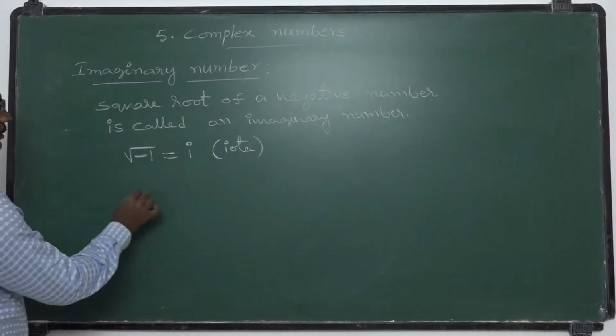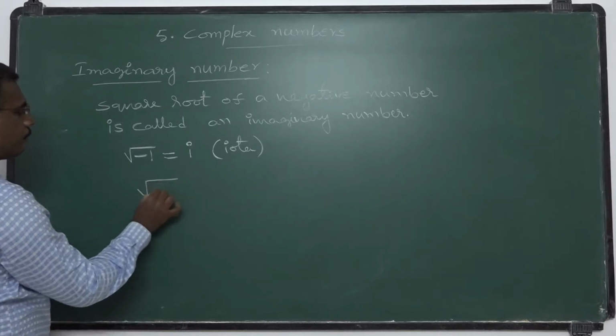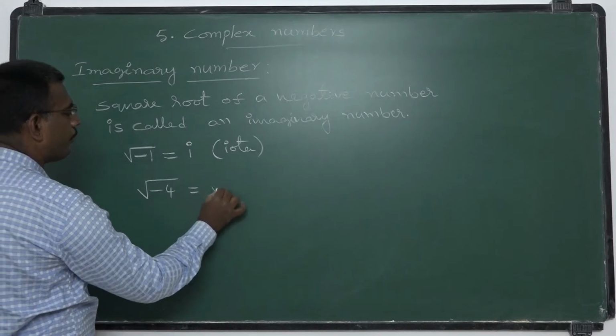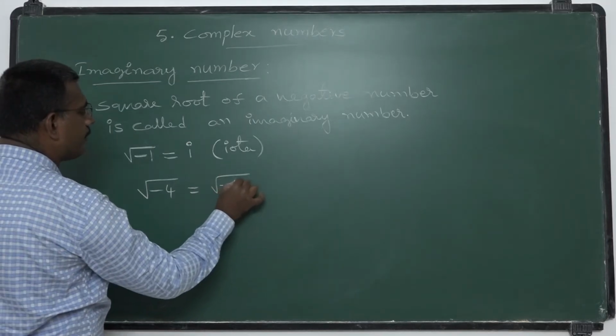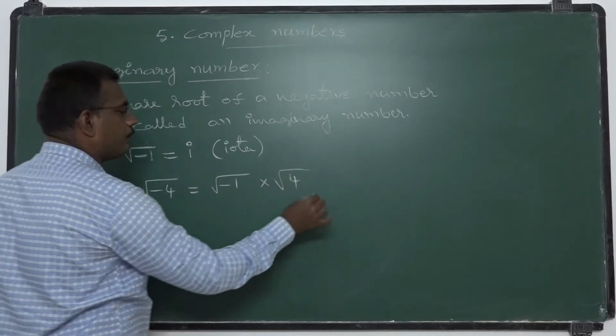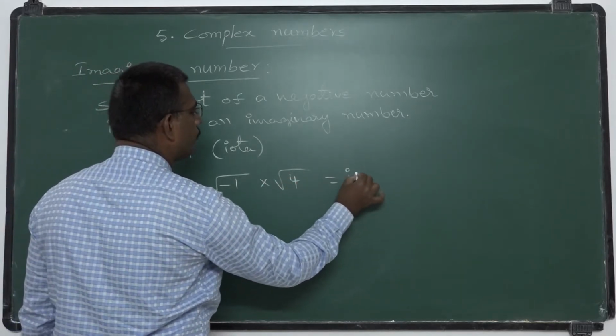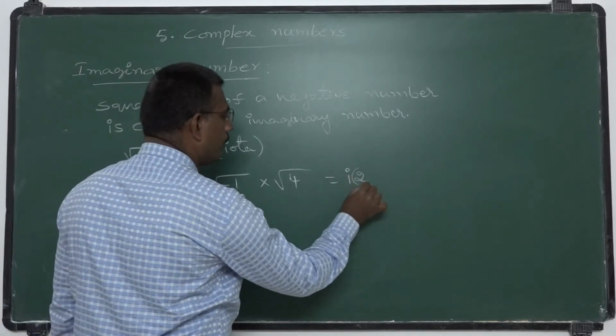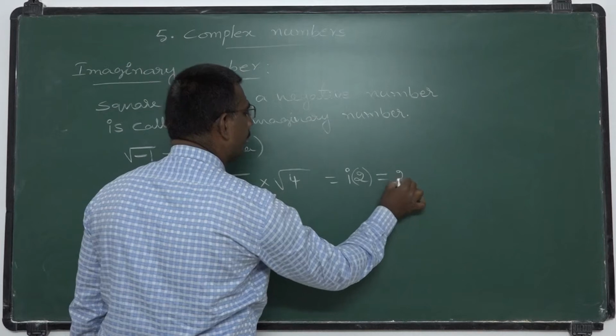For example, square root of minus 4 is equal to square root of minus 1 into square root of 4, that is equal to i into root 4, which is nothing but 2, so we can write it as 2i.